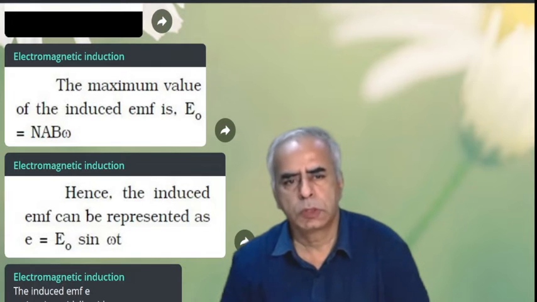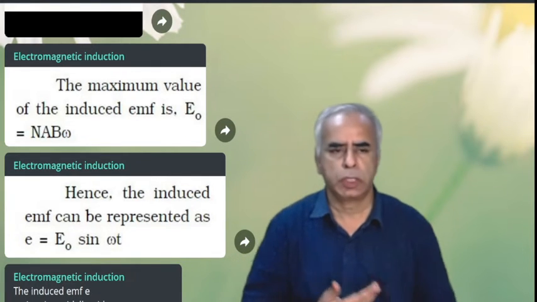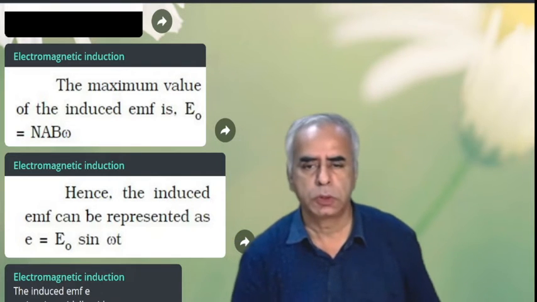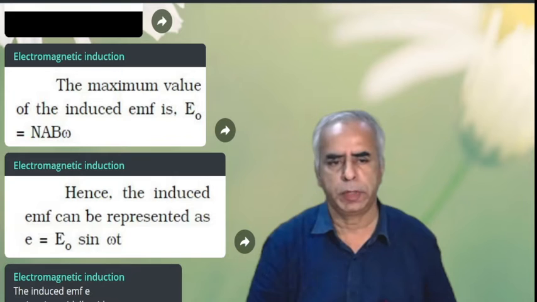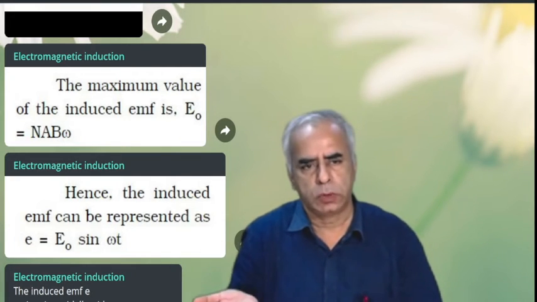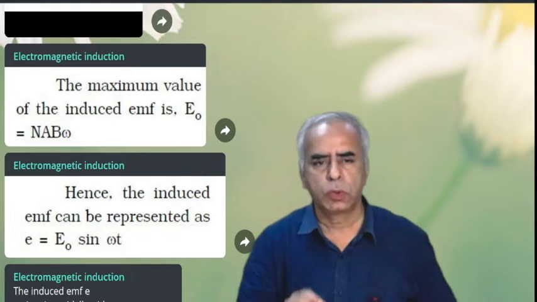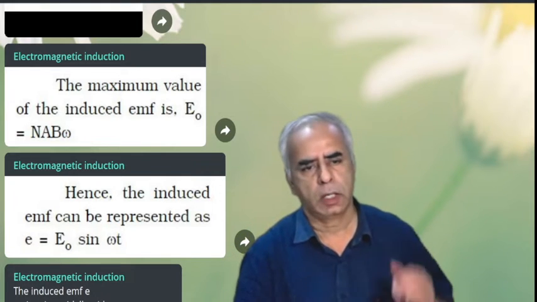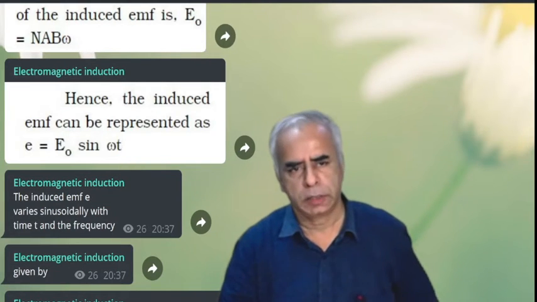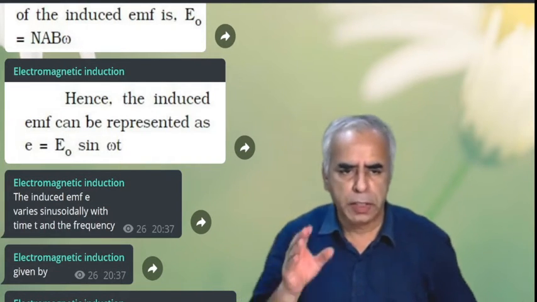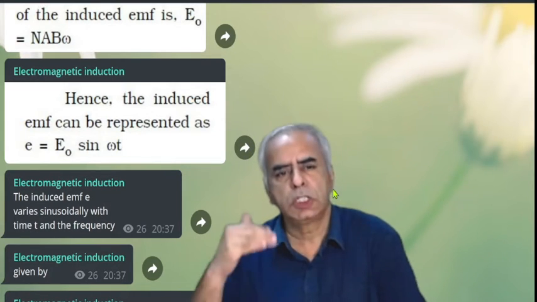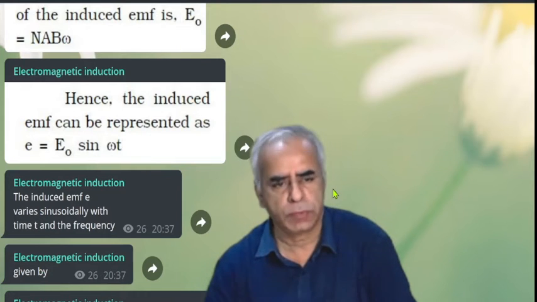So we are able to get the induced EMF, and that can be represented as E is equal to E naught sin omega t, because E naught indicates the maximum value. Therefore, the induced EMF at any instant can be given as E naught sin omega t. Got it? Now, the induced EMF, E, varies sinusoidally with time and frequency.